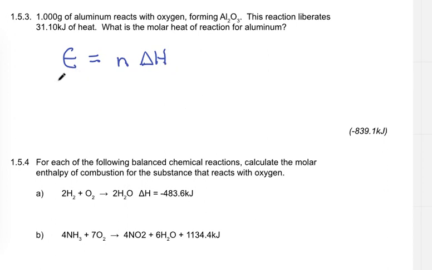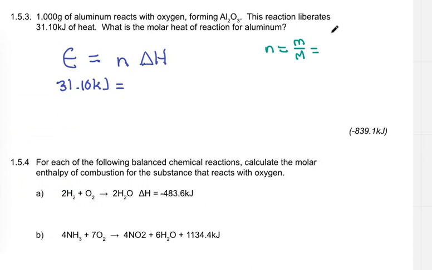So we know the total energy that was released was 31.10 kilojoules equals, they didn't exactly give us the number of moles, but they kind of did. They said we have 1 gram of aluminum, and we can always do mass divided by molar mass to find number of moles.